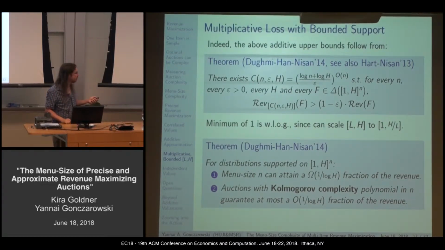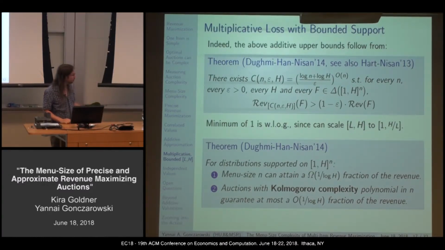On the other hand, look at the very simple auction description language of the menu size. It guarantees 1 over log h. So this is the result I promised you earlier when I told you there are legitimate criticisms to the menu size as a function of n, because selling separately gives exponential in n.